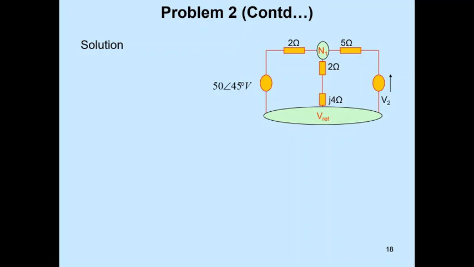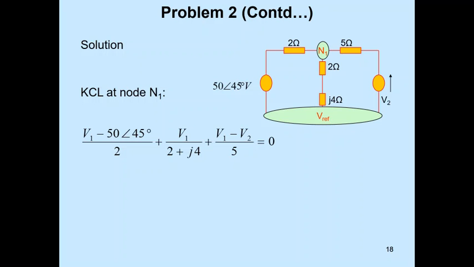Applying Kirchhoff's current law at N1, the equation is (V1 minus 50 at an angle of 45) divided by 2, plus (V1 minus V reference) by (2 plus j4), plus (V1 minus V2) by 5, is equal to 0.